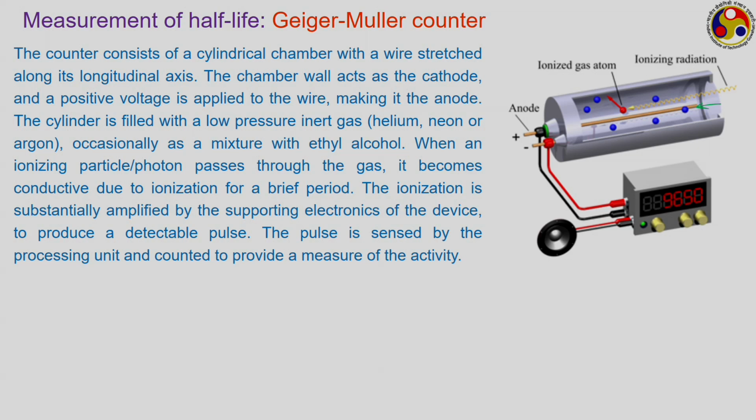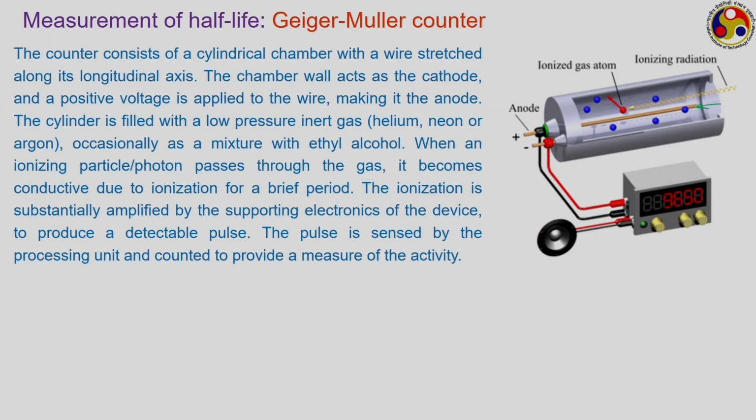Now, the cylinder is filled with some kind of inert gas maintained at a very low pressure, which can be helium, neon, or even nitrogen. Occasionally it is mixed with ethyl alcohol to increase the sensitivity of the instrument. Now, when an ionizing particle, something like a photon or any other kind of energetic ionizing particle, passes through this gas, it becomes conductive due to ionization for a very brief period, which can be sensed with the corresponding circuitry.